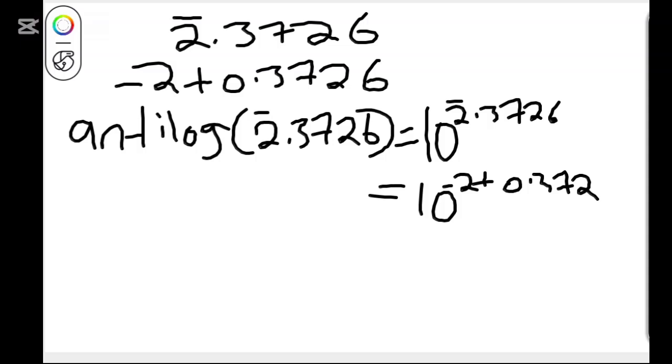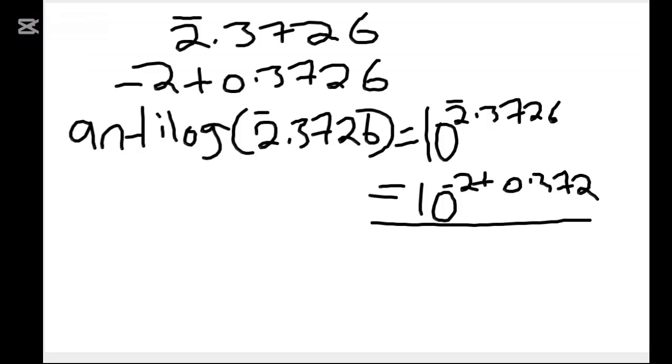So the next thing I'm going to do is first take a look at this 10 to the power of -2 plus 0.3726, it is the same thing as this.